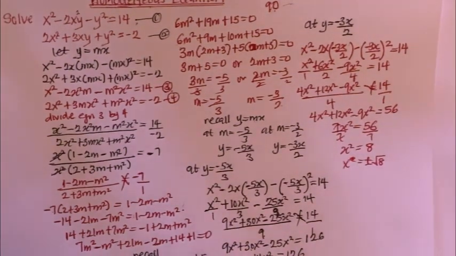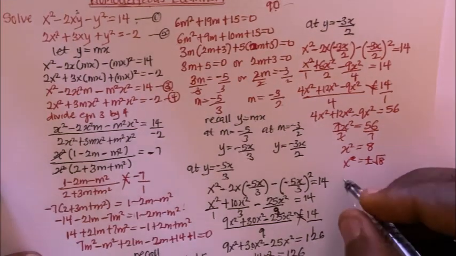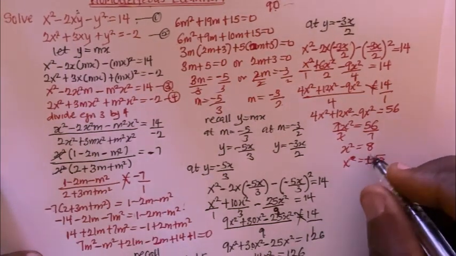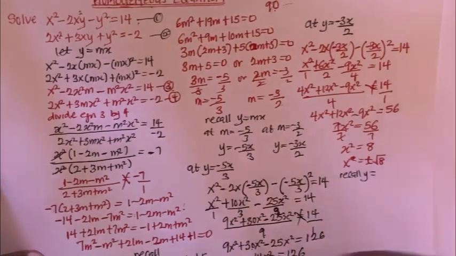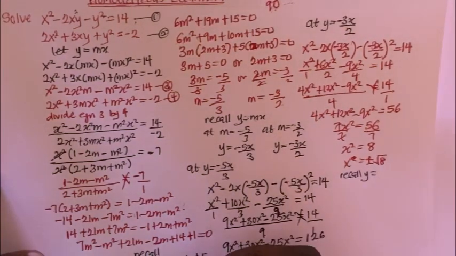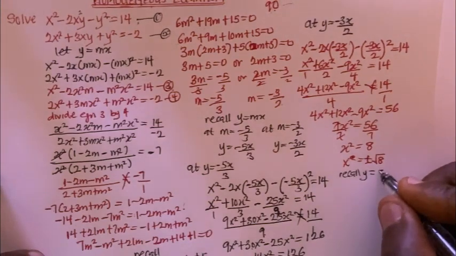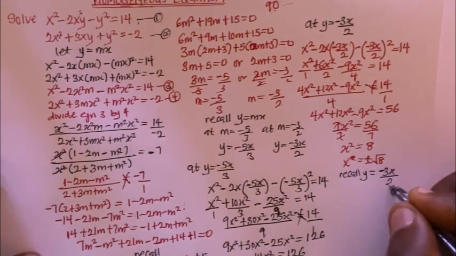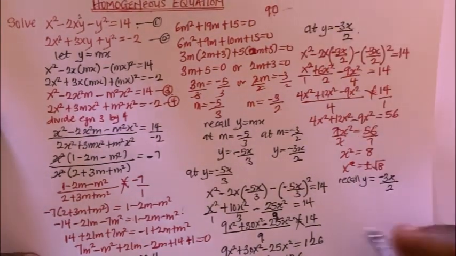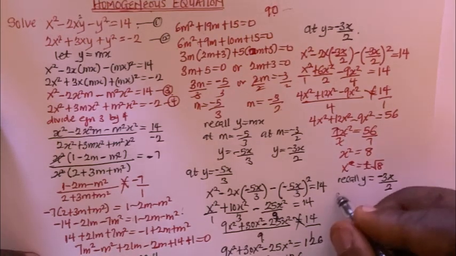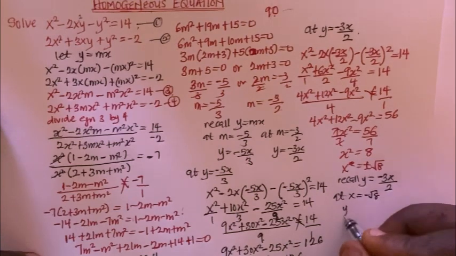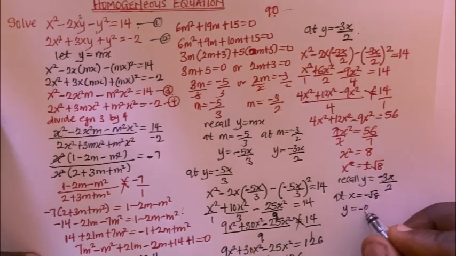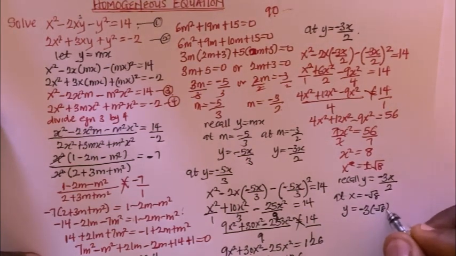So now what we're going to do is come back, since x equals plus or minus root of 8, then we can recall y equals minus 3x divided by 2 from this side. So here at x equals minus root of 8, we're going to have y equals minus 3 into bracket minus root of 8, divided by 2.